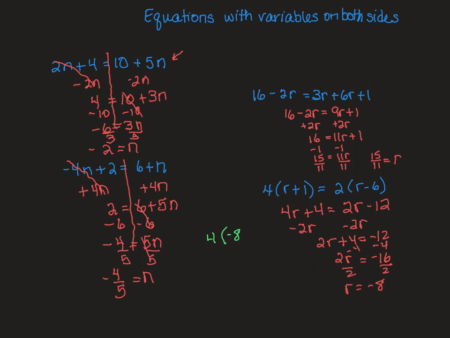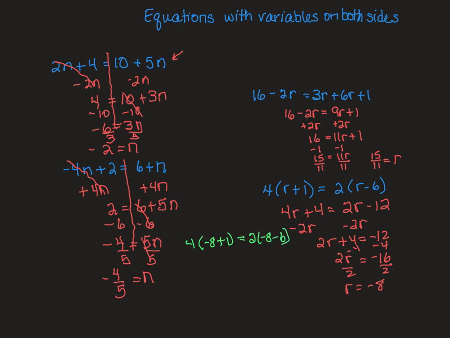Negative 8 plus 1 equals 2 times r, I'm going to have to move over more. Sorry about that. Okay, moving it over. 4 times negative 8 plus 1 equals 2 times negative 8 minus 6.